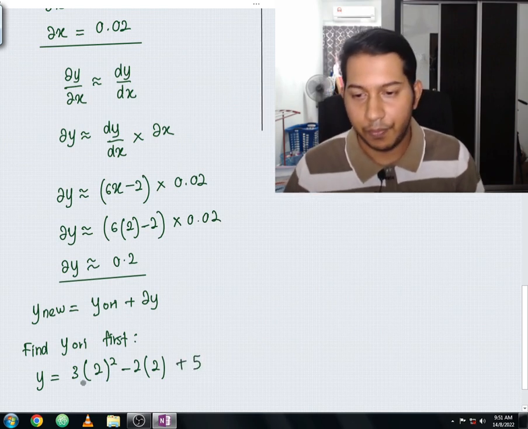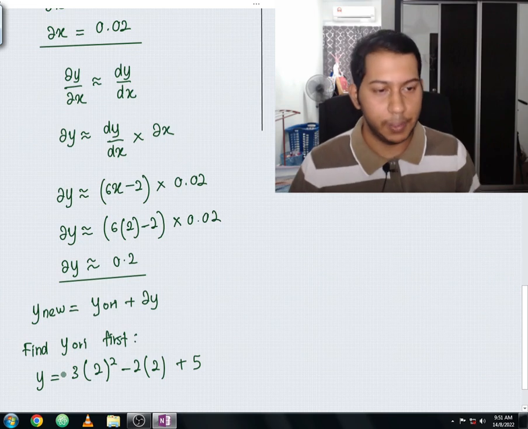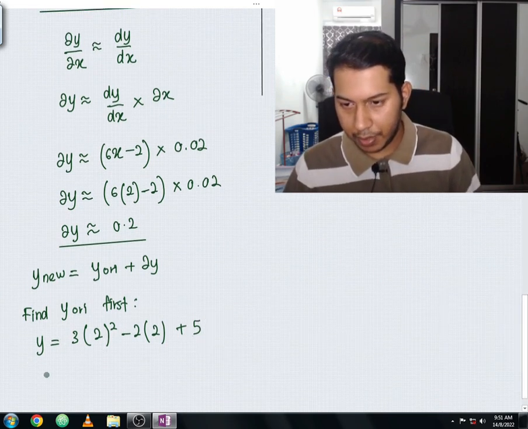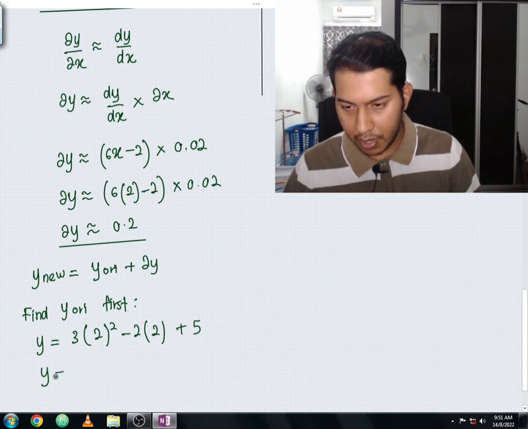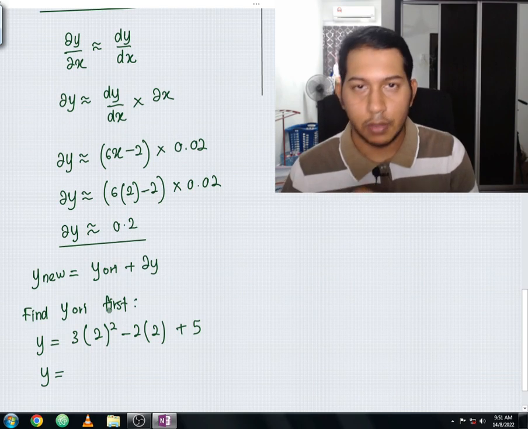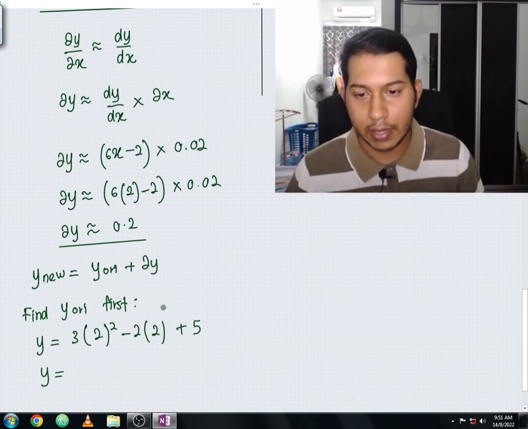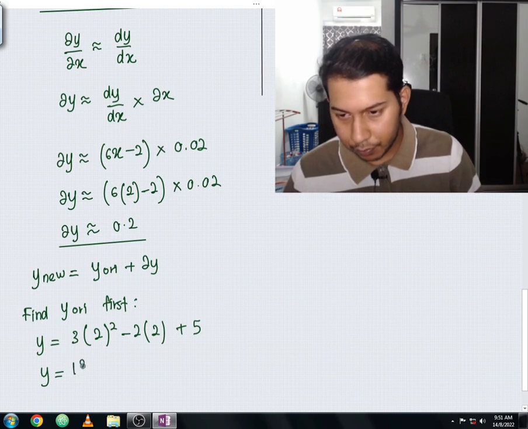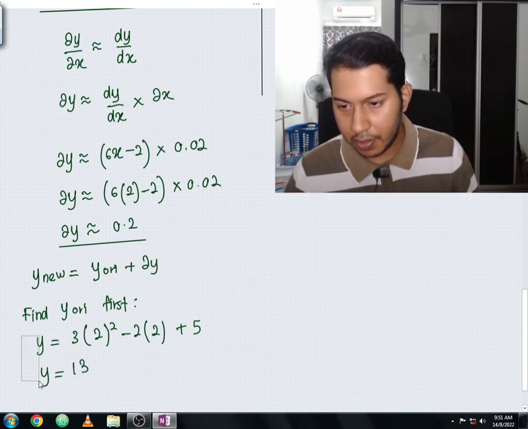You substitute the original x into the y equation. So from here you get your y is equal to, so 2 square is 4, 4 times 3 is 12, 12 minus 4 you get 8, 8 plus 5 you get 13. So this is your y original.